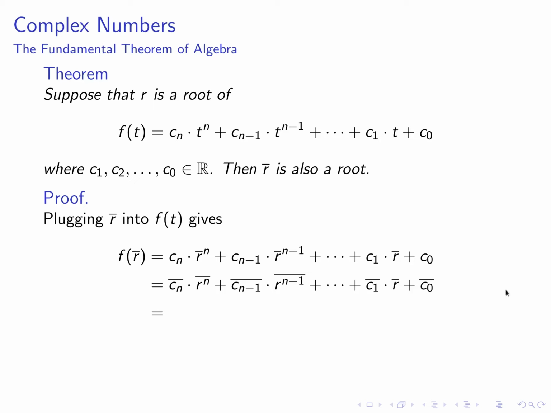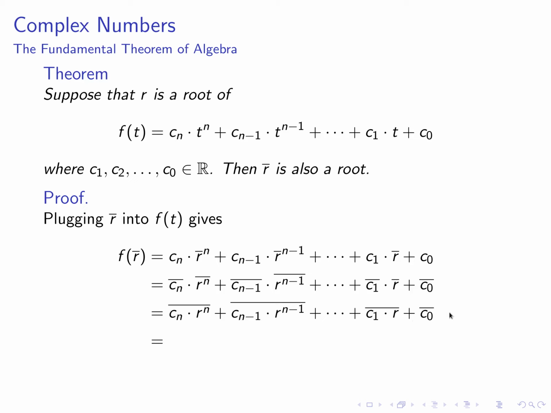And one of the things we said about conjugation is that when we take a product of two conjugates, that's the same thing as the conjugate of a product. So this term c sub n bar times r bar to the n is really the same thing as c sub n times r to the n, bar. And this next term, c sub n minus 1 bar times r bar to the n minus 1, is the same thing as c sub n minus 1 times r to the n minus 1, bar, and so on.